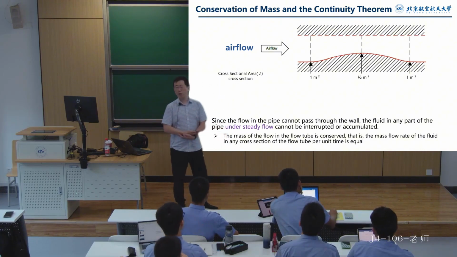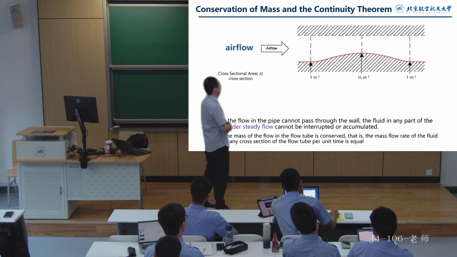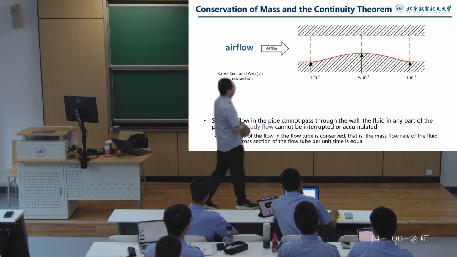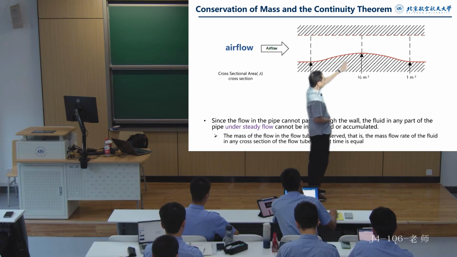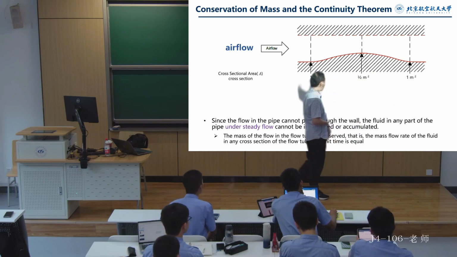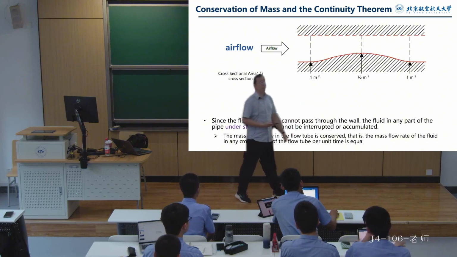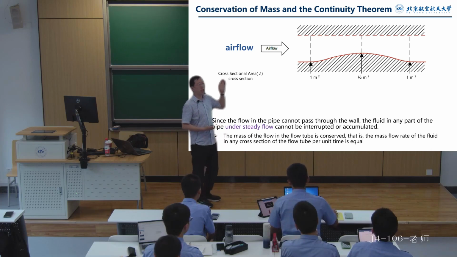Let's assume we have a one-dimensional pipe, a tube, which has a varying diameter, as we can see, as it flows from upstream to downstream. The cross-section here is 1 square meter, half a square meter, and 1 square meter. Based on our everyday common sense, let's assume it is a steady flow.